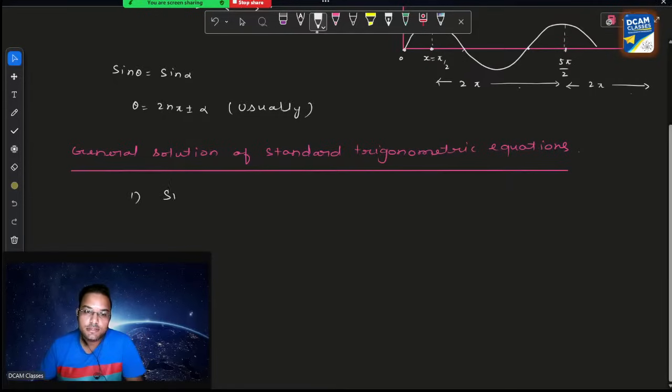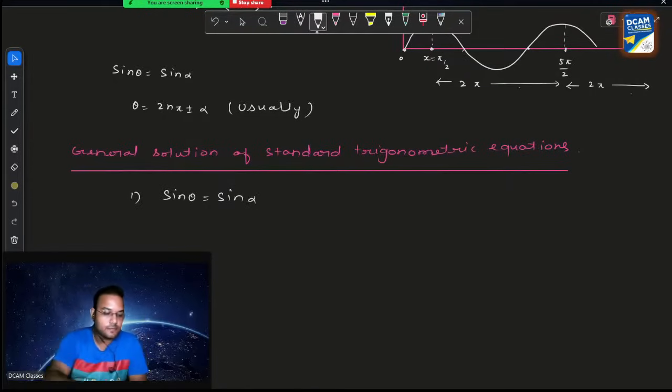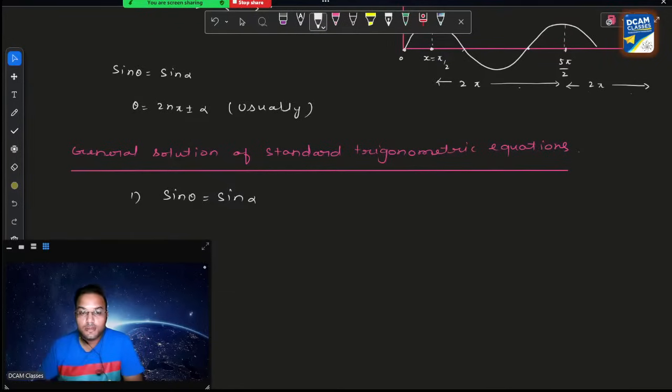First case is sin theta is equal to sin alpha.